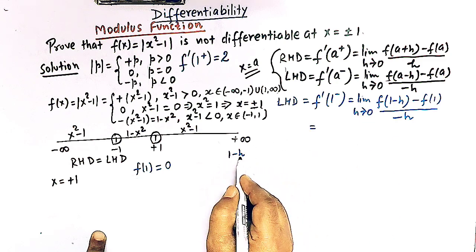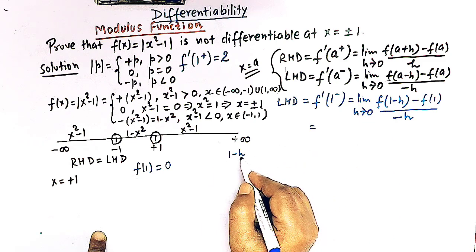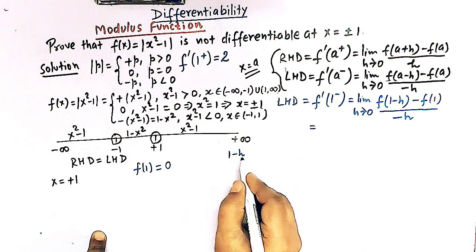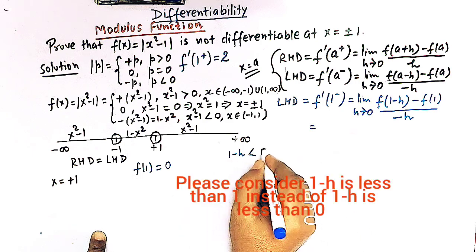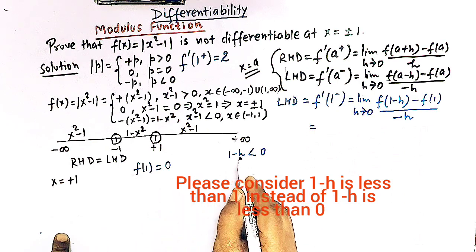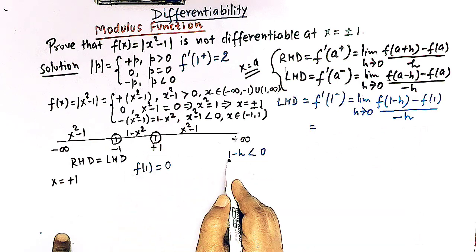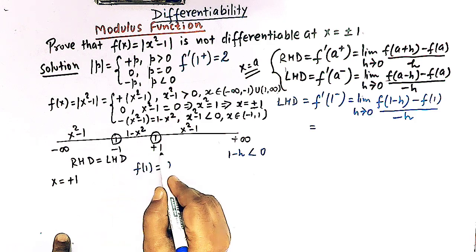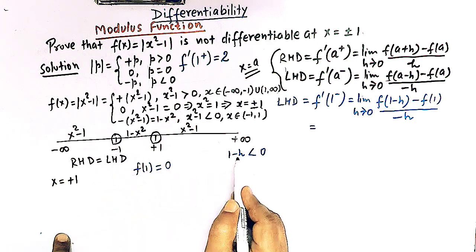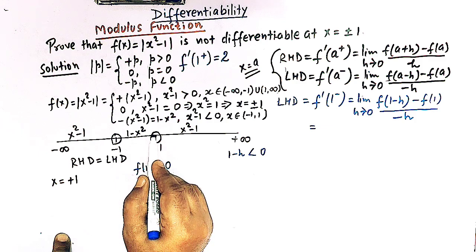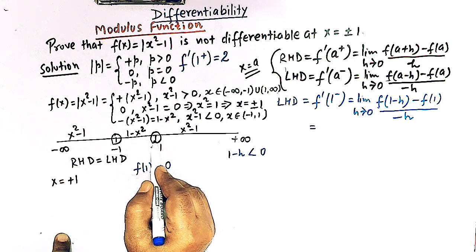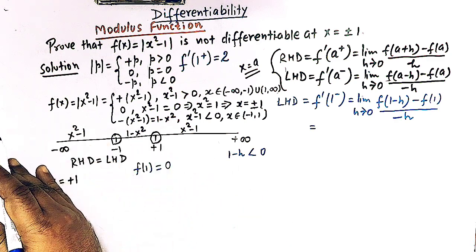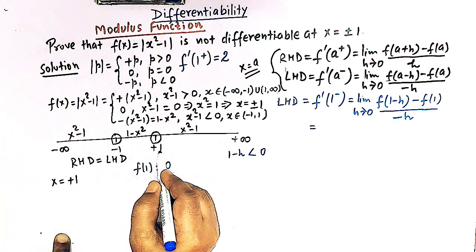Again h is infinitesimally small and positive, so 1 minus h is less than 1, right? So 1 minus h should lie between minus 1 and 1. It lies somewhere over here, because it is very close to plus 1, but it lies towards the left of x is equal to 1.